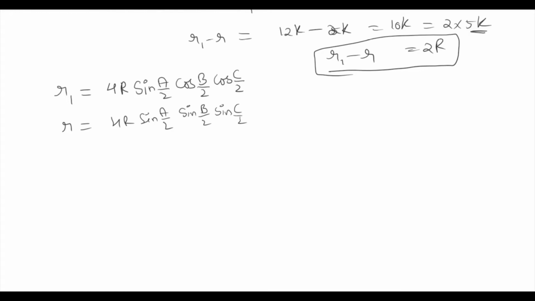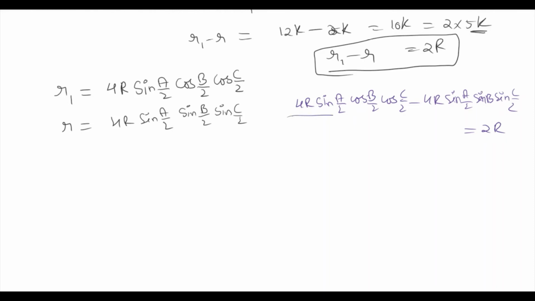So these are the values of r and R1 here. Substituting these values here, what I get is 4R sin A/2 cos B/2 cos C/2 minus 4R sin A/2 sin B/2 sin C/2 equals 2R.